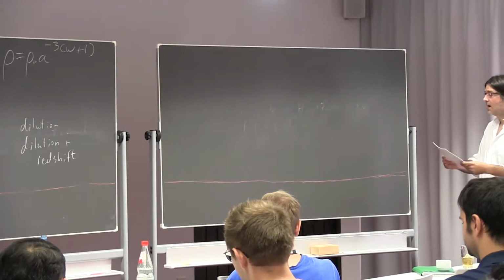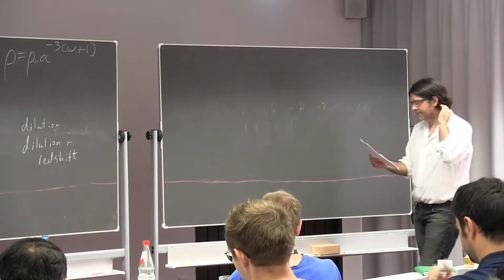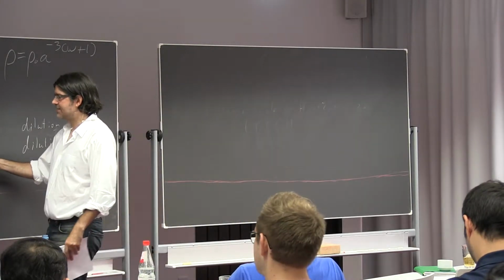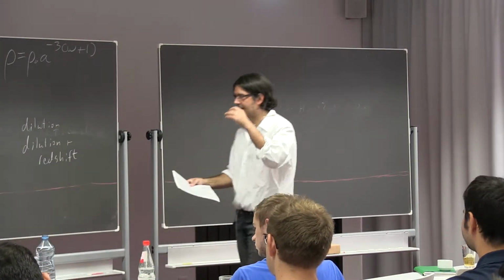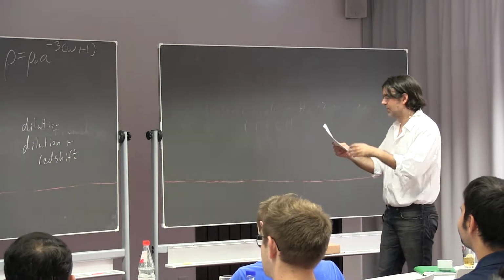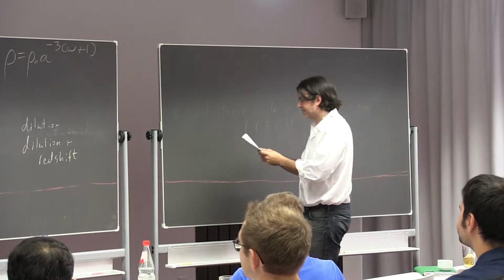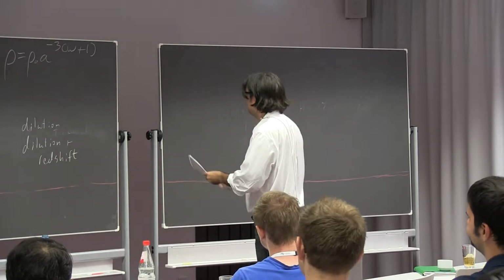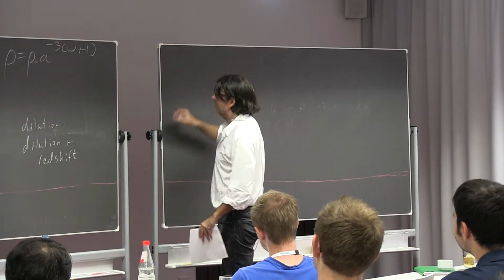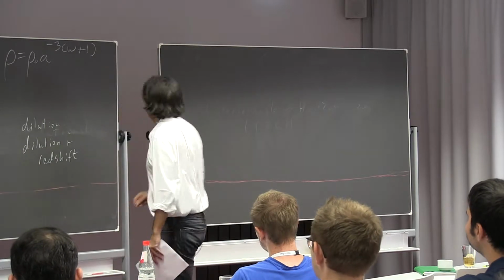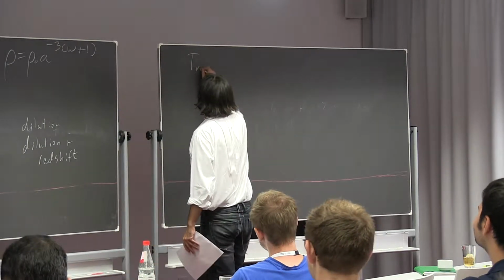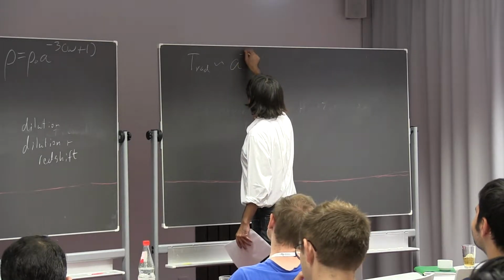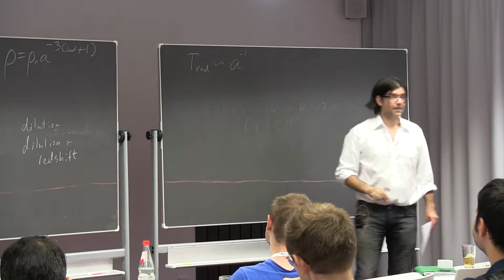So this last piece here, that the energy density of radiation dilutes like a to the minus 4, is critical because the temperature of this photon bath then, or of any radiation, absent entropy production, is decreasing like 1 over a, right?